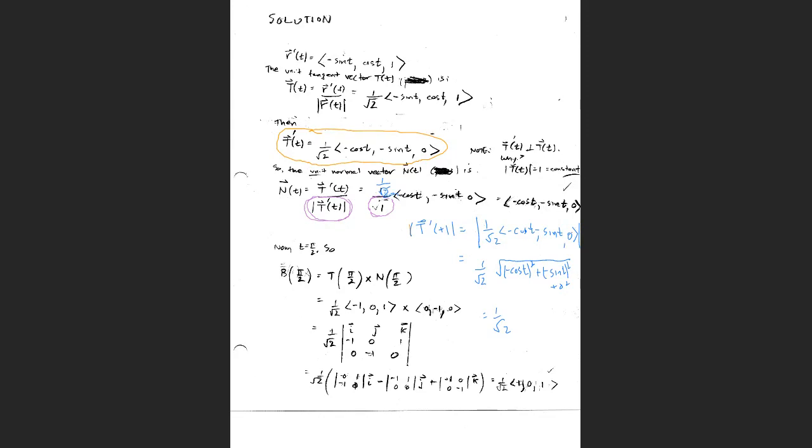So 1 over root 2 divided by 1 over root 2, and this whole thing, 1 over root 2 divided by 1 over root 2 is 1.